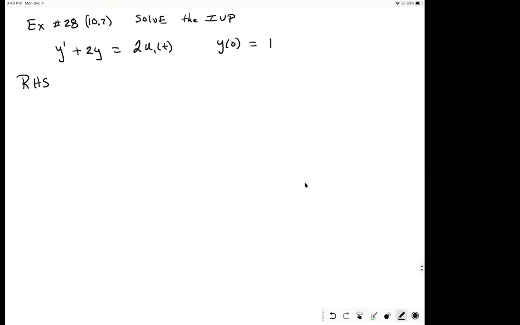So the right-hand side of the equation, I'm going to take the Laplace transform of that. That's 2 times u sub 1 of t, and I'm going to pull the constant out.